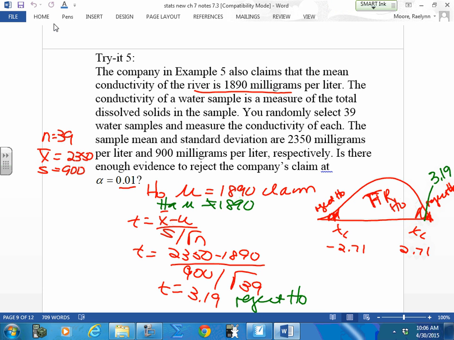Your claim is your H0, and you rejected H0. So you say there's enough evidence to reject the claim that the conductivity is 1890 for your river. You don't say the other one works better or this is good, this is bad. You have to follow that chart. Good?